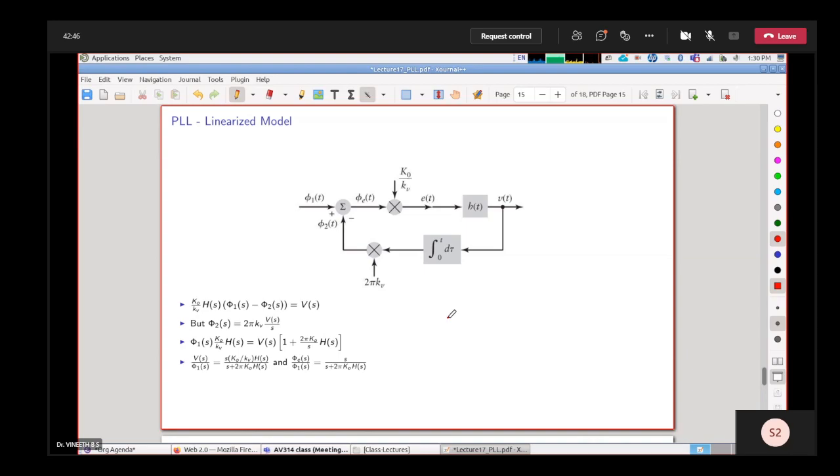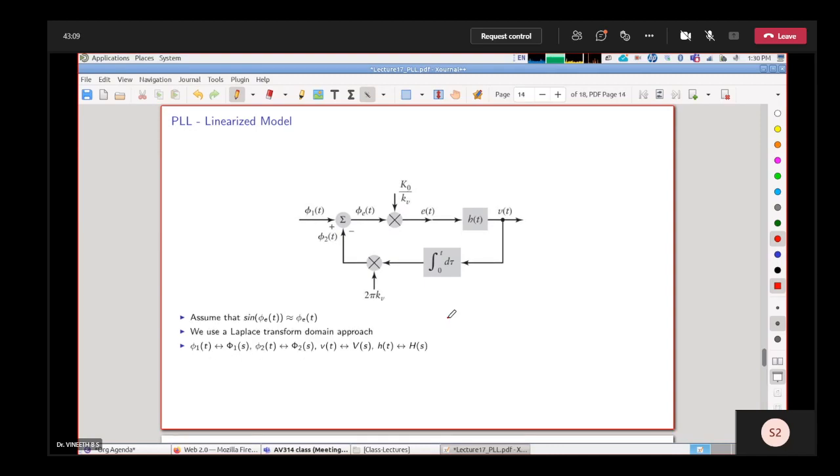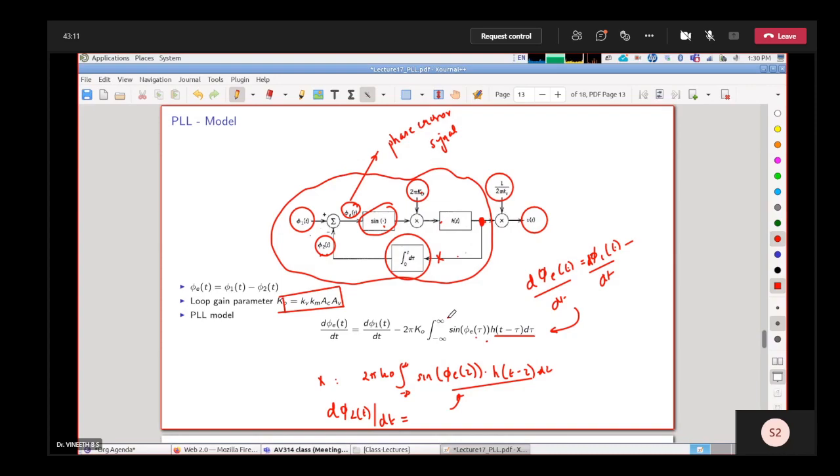It won't be an ideal brick wall response that we will be considering. So we will have to choose the poles and zeros of H of s, the filter, in a good way so that you will get some good properties for the loop. We will come to that.